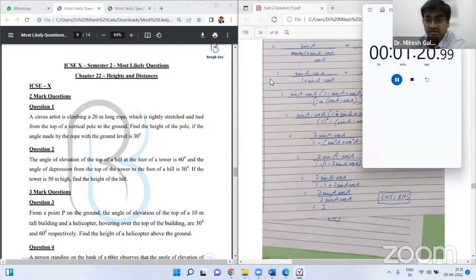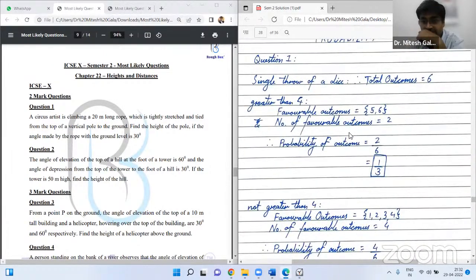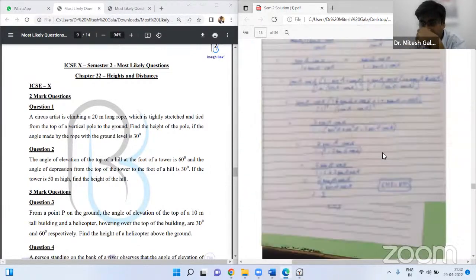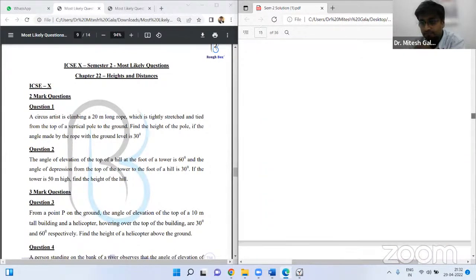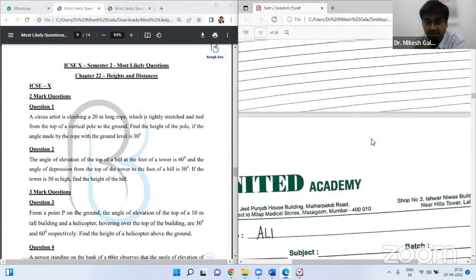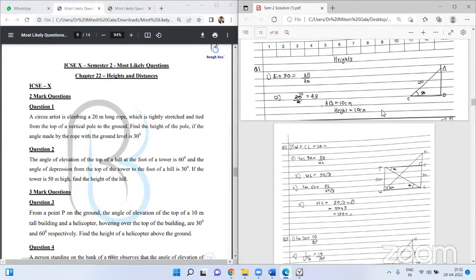All right, let's look at the solution. Oh God, now this is heights and distances. This is probability, it was on top. There you go. So simple question. Just the angle on one side is given.